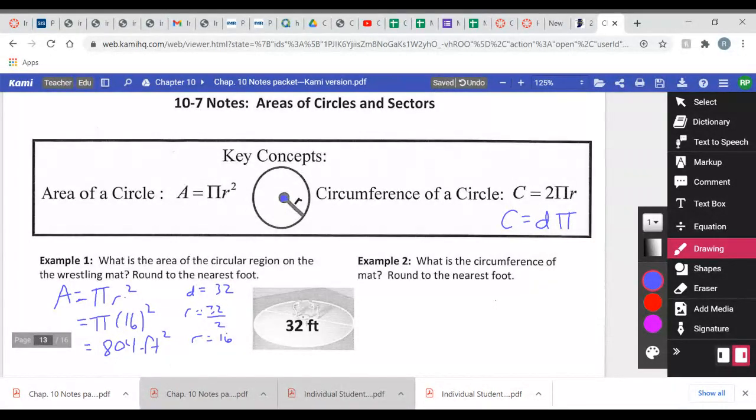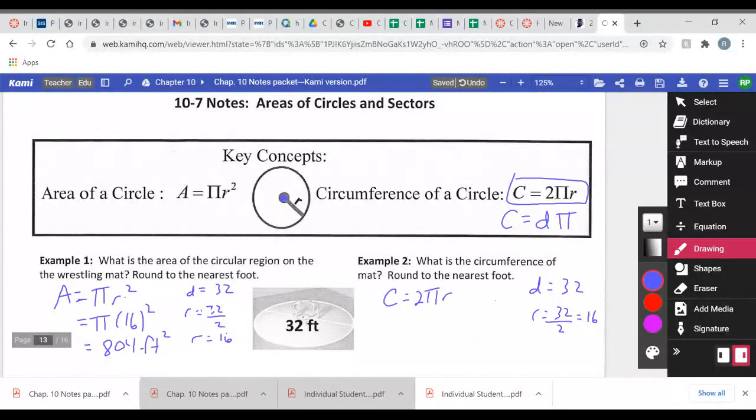Then if you look at example 2, it's specifically asking for the circumference of the mat. And again, the circumference is equal to 2 times pi times r, or you can think of it as diameter times pi, either way. Using the original formula, we know that the diameter is 32, so just like in example 1, the radius is half that, which is 16.